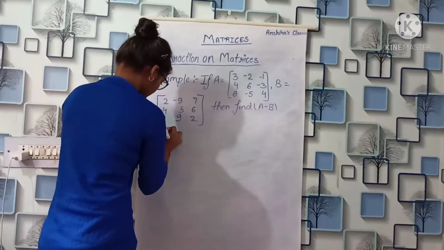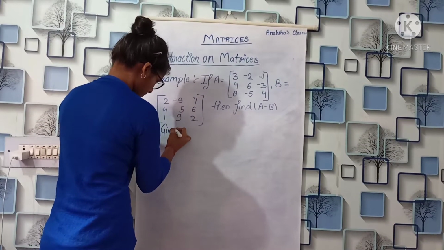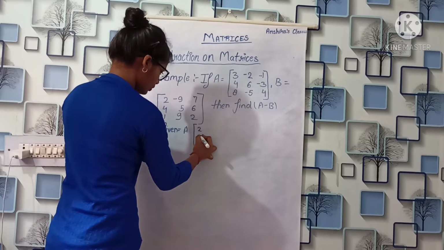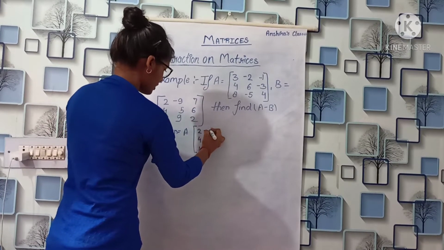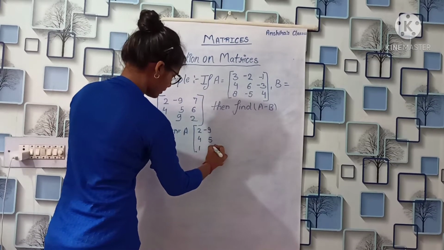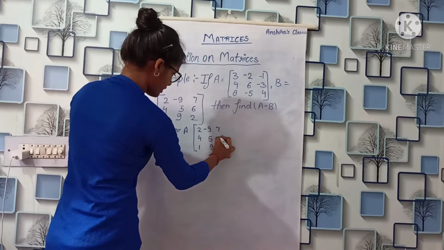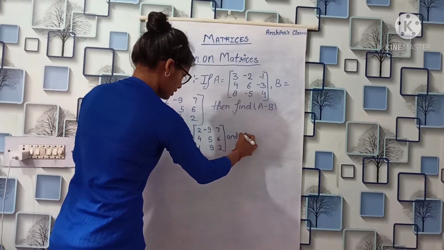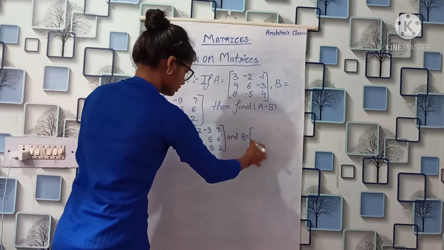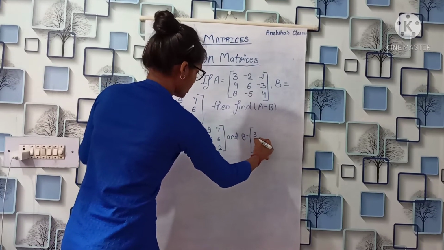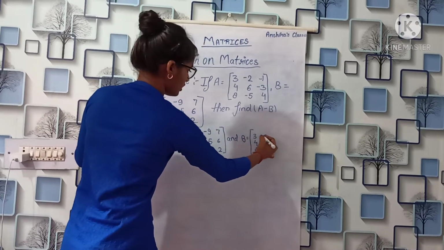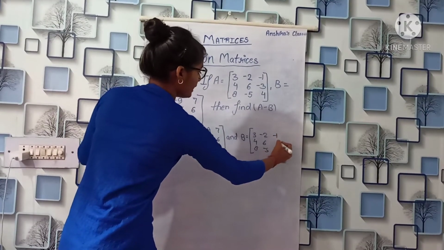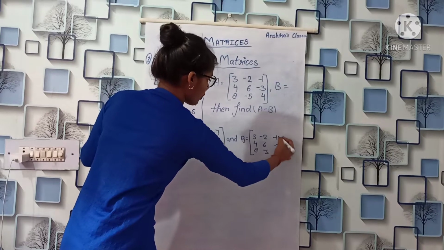Given A is equal to [2, 4, 1; minus 9, 5, 9; 7, 6, 2], and B is equal to [3, 4, 8; minus 2, 6, minus 5; minus 1, minus 3, 4].